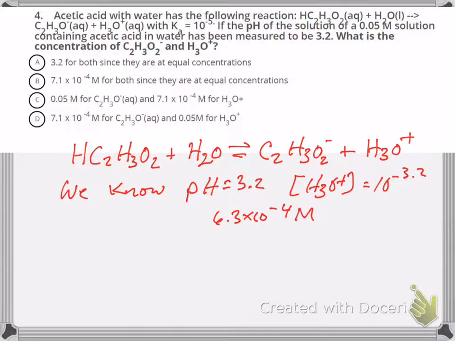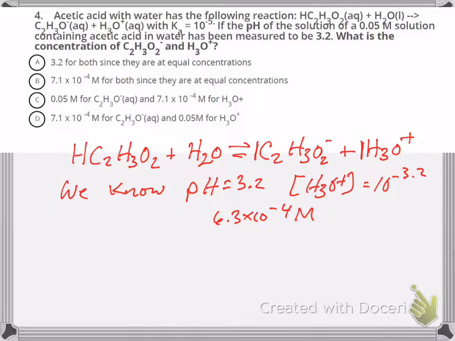Now, given this chemical reaction, every time an H3O plus is made, we must have made a C2H3O2 minus. This is coming from the dissociation of HC2H3O2. The acid on the reactant side is making both of these conjugate acid and base pairs equally.